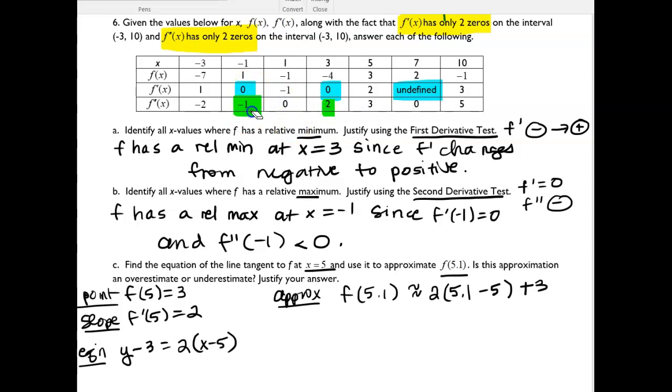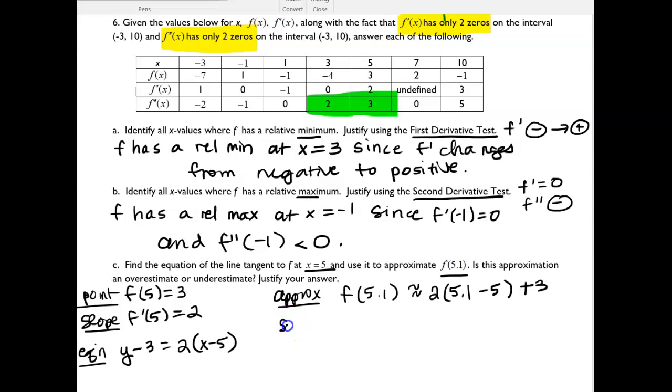Let me erase these other highlights so we can focus on the parts that we want. So I'm looking between 5 and 5.1, and if I look at f double prime, I know because these are the only two zeros, it will be positive everywhere between 1 and 7. So that's the interval that I want to zoom in on. Otherwise, I would not know for sure if it changed signs in between there.